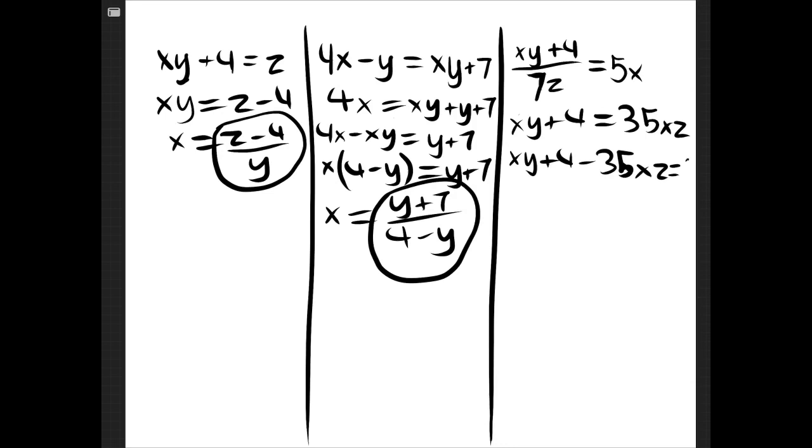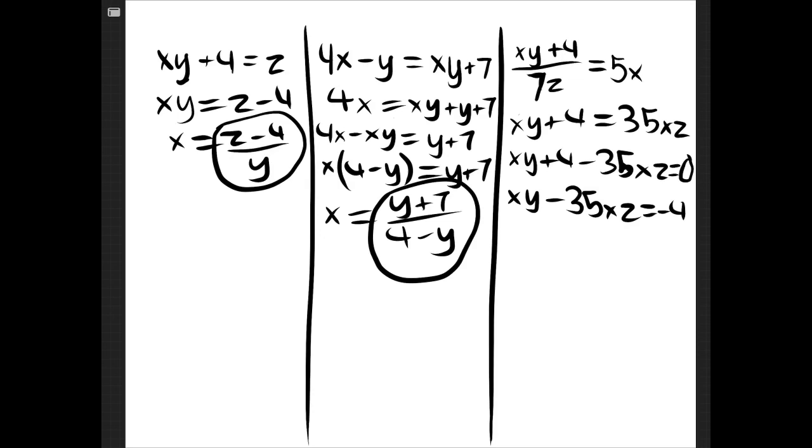equals 0. And then now we're just going to subtract the 4. So then we have xy minus 35xz equals negative 4. And then now we're going to do the same thing with the distributive property. So we're just going to take out the x so we can have that x on its own and then move all the other stuff to the other side.